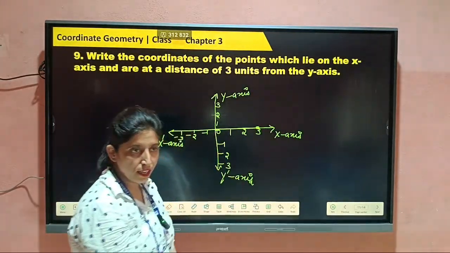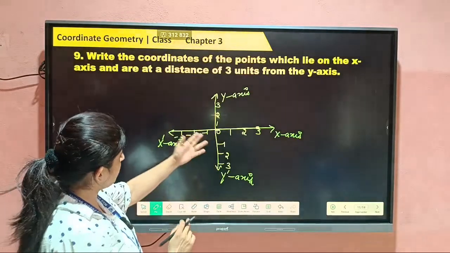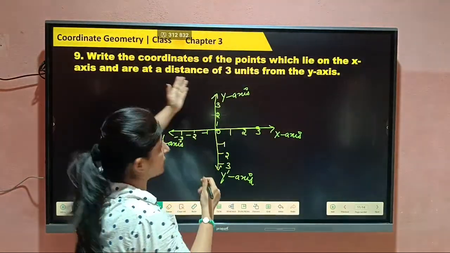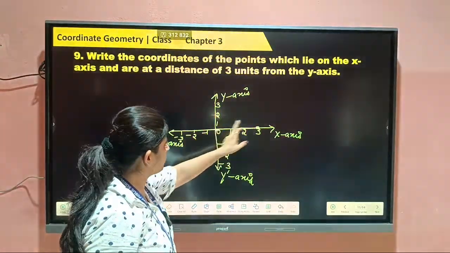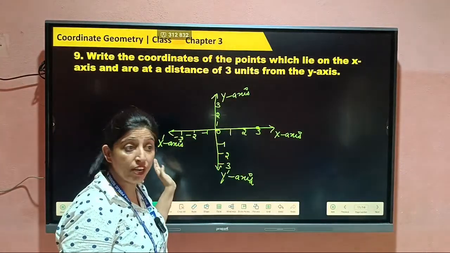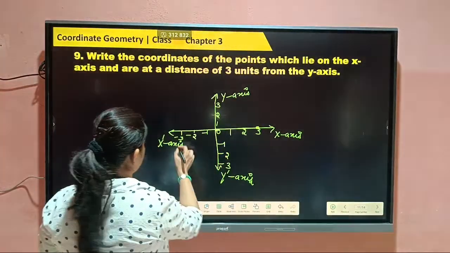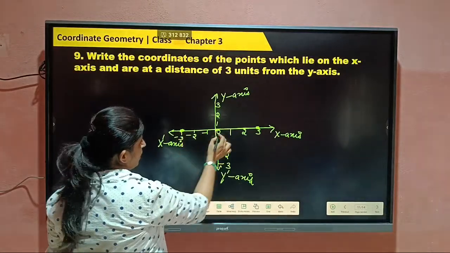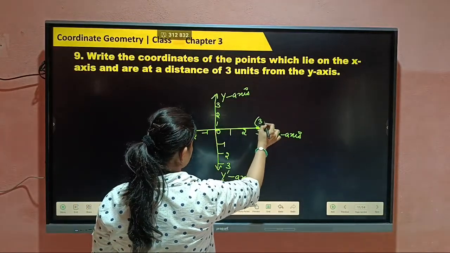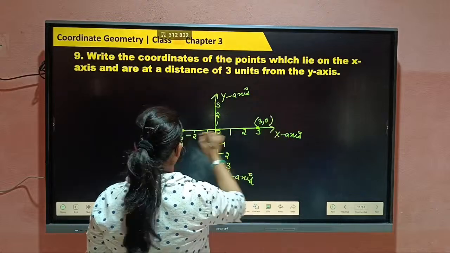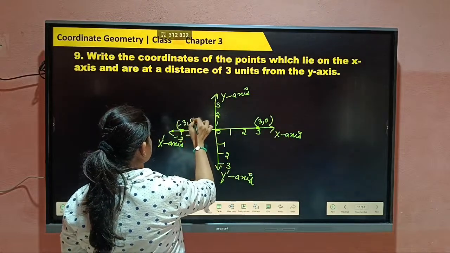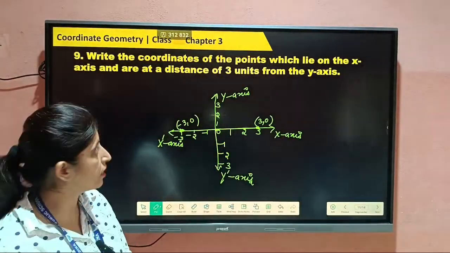This is x-axis, right? In the same way, it can be negative also because nothing is given. Distance from the positive side of x-axis or negative, it is not given. So we can take this side also. So point is 3, 0 and -3, 0. So these coordinates will be there.